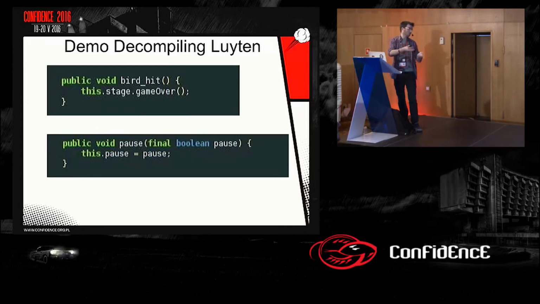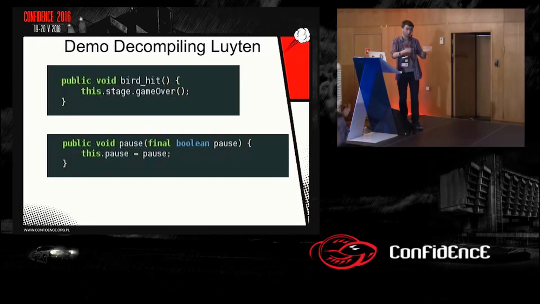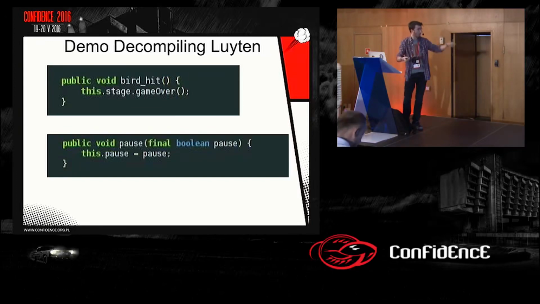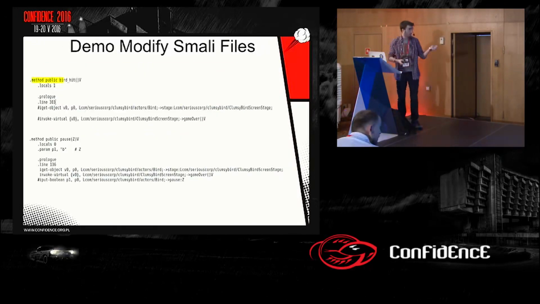The trick here is to put the game over on the pause. So when the bird hits something, the game will not be over, and only will be over when you click the pause button. After we decompile the application, we disassemble it to get the smali file.